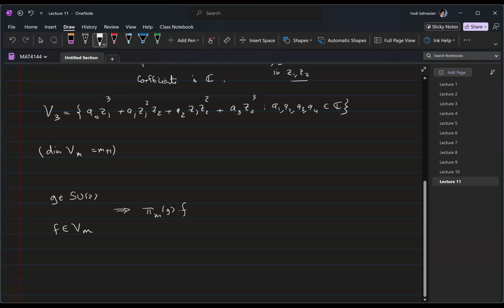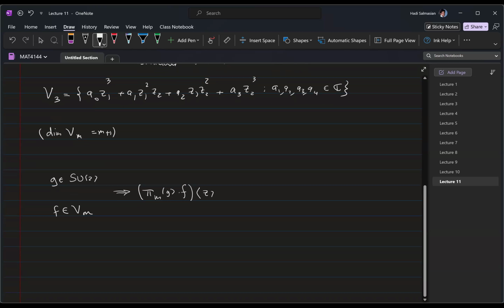I should tell you what linear transformation on V_m it is, what this pi m g does to f. It is again a function of z, where z is the ordered pair z1, z2. In principle, it's f of g inverse z.